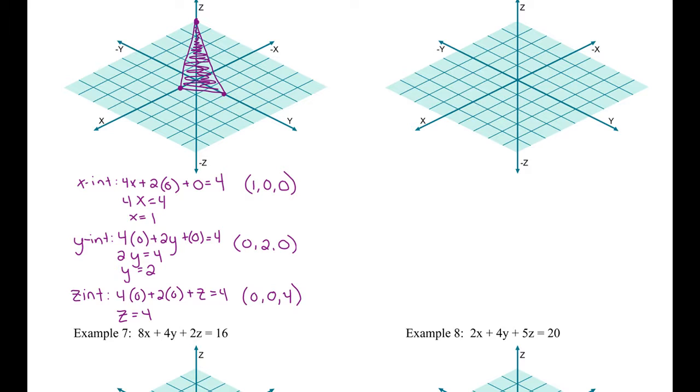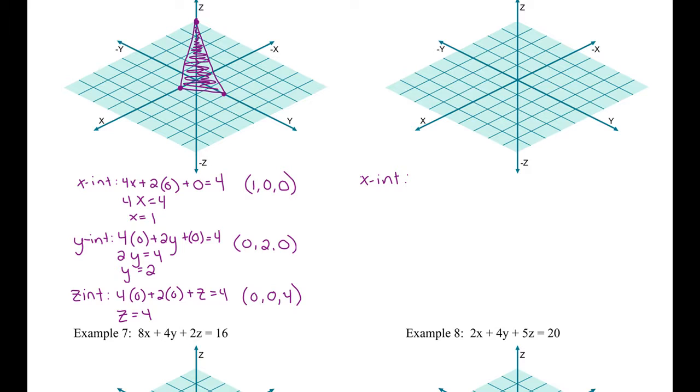Let's do one more together with example 6. So I'm going to start by finding the x, y, and z intercepts. So again, I'm going to plug in 0 for y and for z.